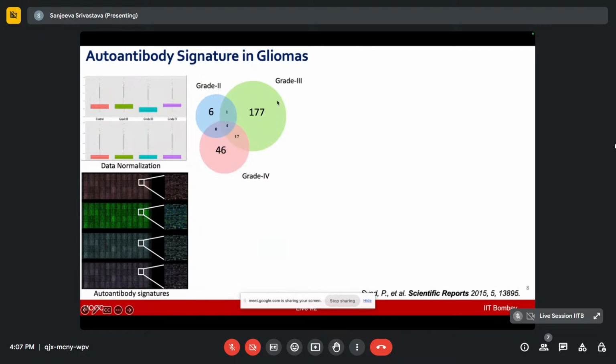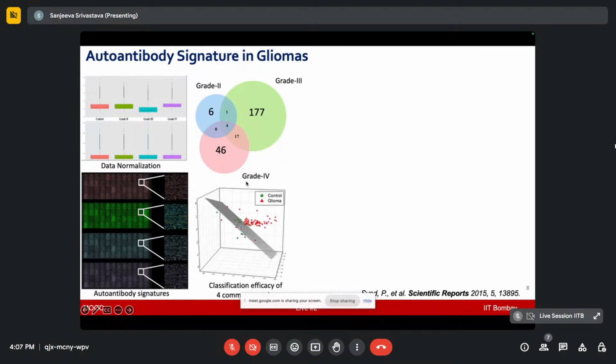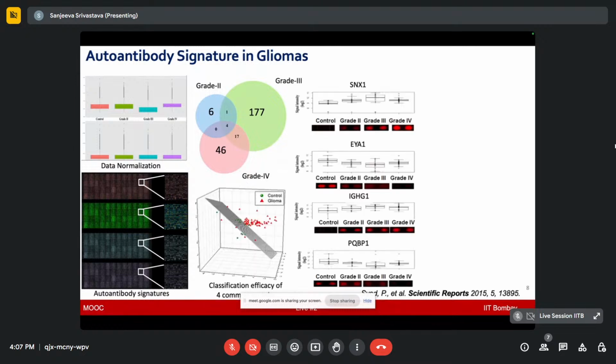In grade 3 there was a quite large number of autoantibodies, and in grade 4 the numbers were reduced again. Thinking about the actual disease biology, in a brain tumor there is a blood-brain barrier, so very few autoantibodies were expected in the low grade. As it became the aggressive grade 3, the blood-brain barrier is breached and most of the antibodies are seen at that time. And in grade 4 glioblastoma, most things are dying at that stage. So again the number got reduced.